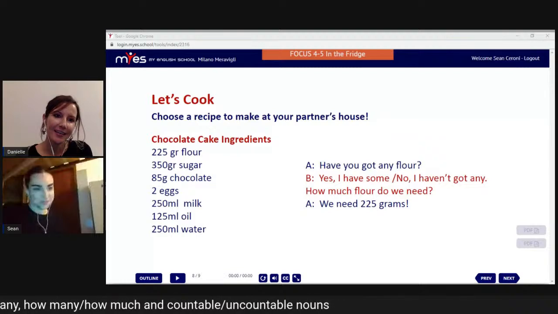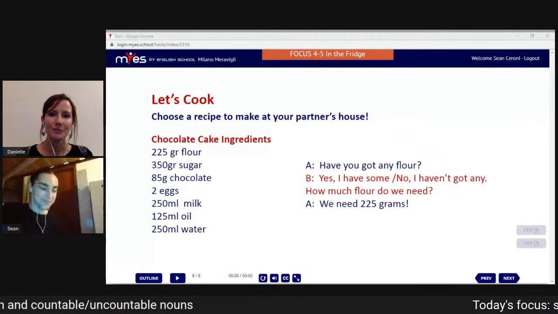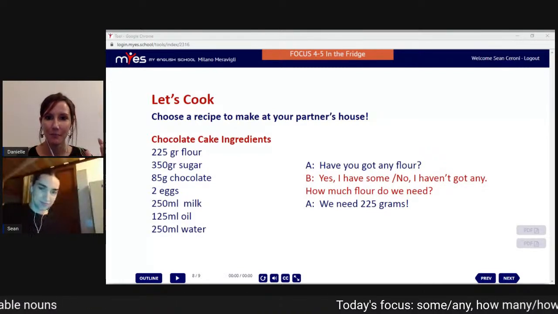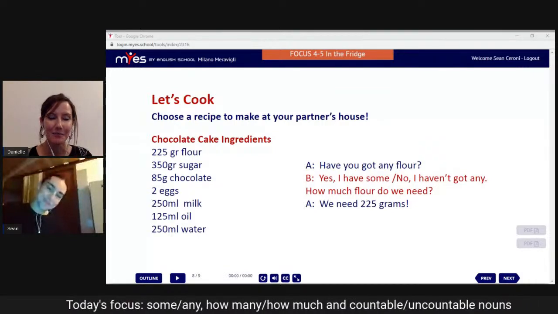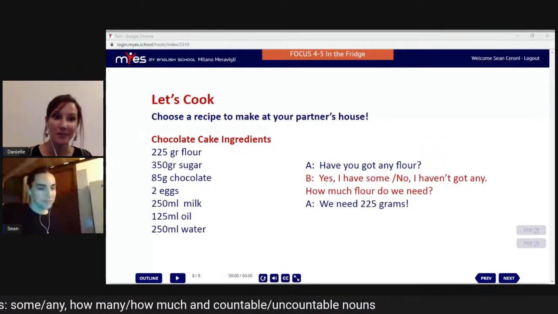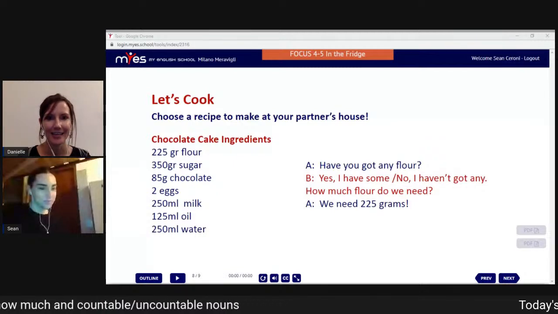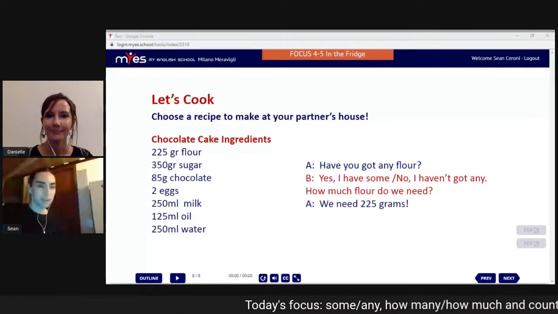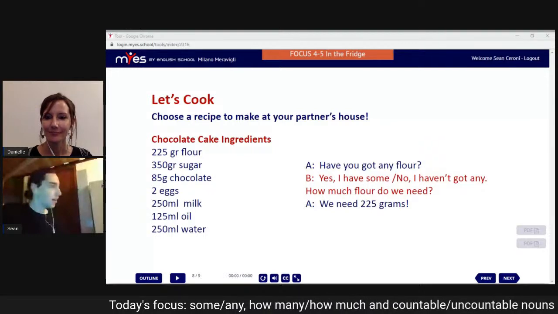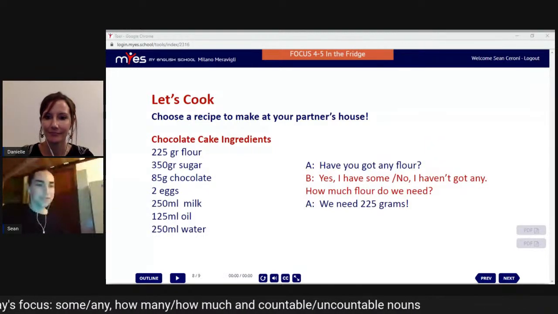The idea was to use all of the bad things in your fridge and cupboard before Lent. So the sugar and the eggs. Yeah, definitely.